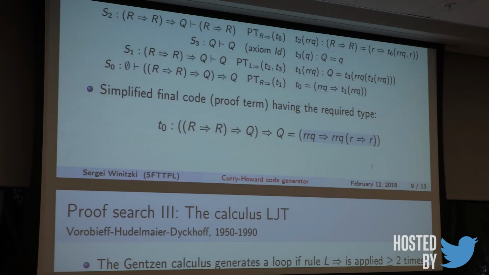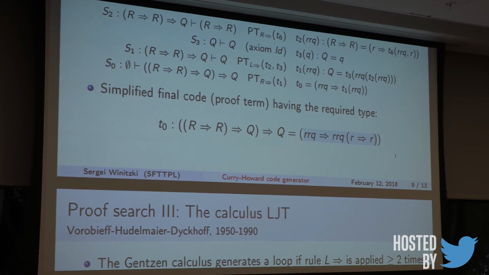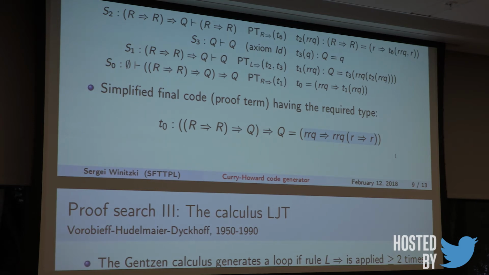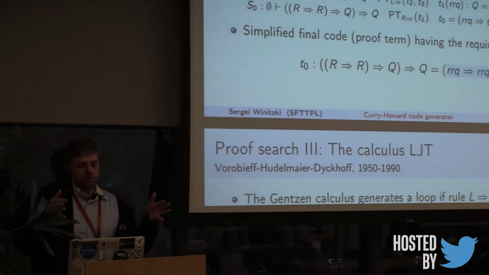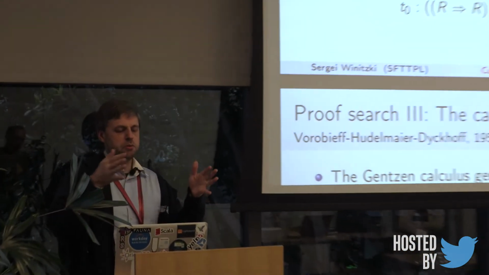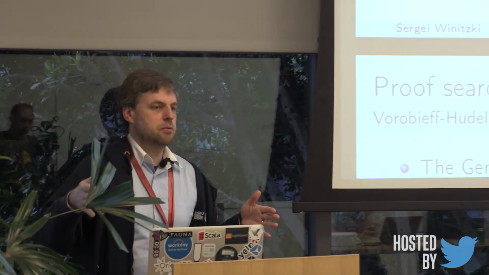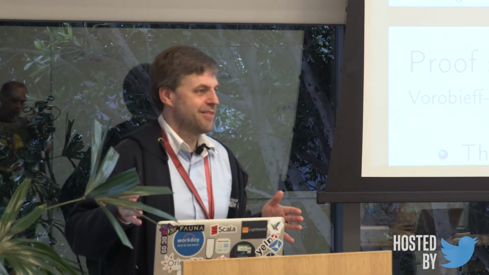And finally, for each proof that I find, I also have a score, because I have symbolic information about the code, and I can see how many arguments I'm dropping, or there are other heuristics, like: do I generate every possible case class from a sealed trait, or only some of them?